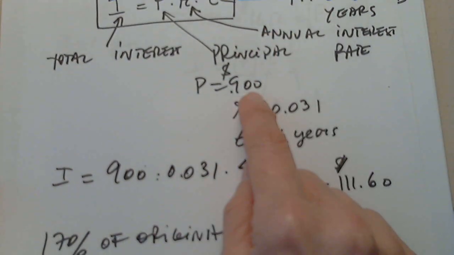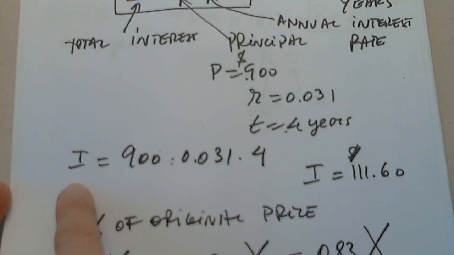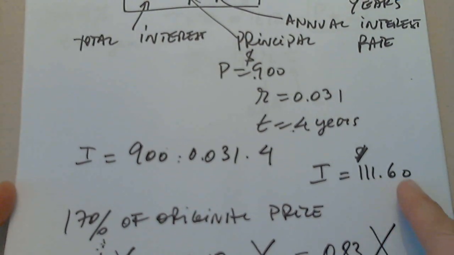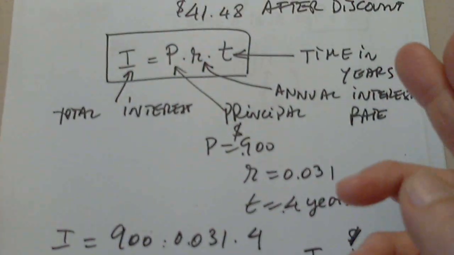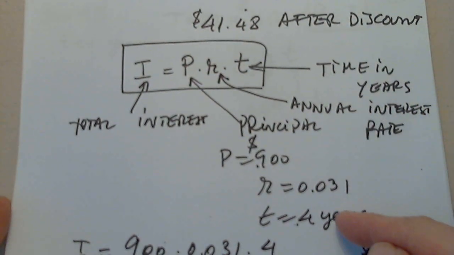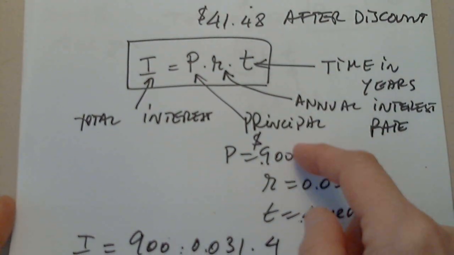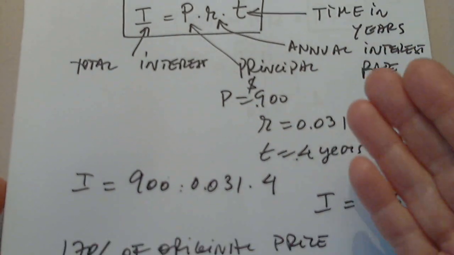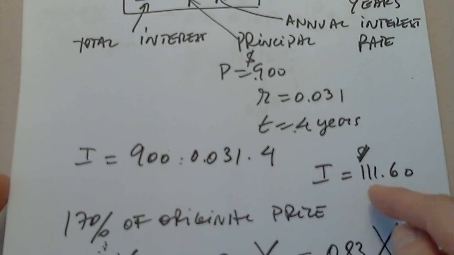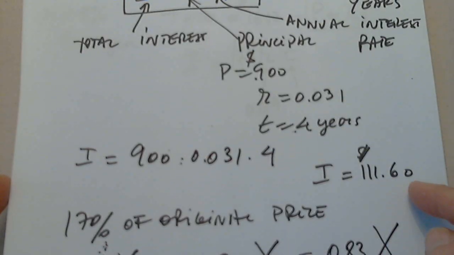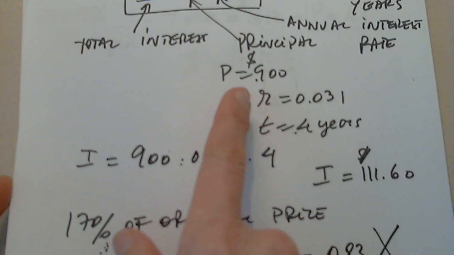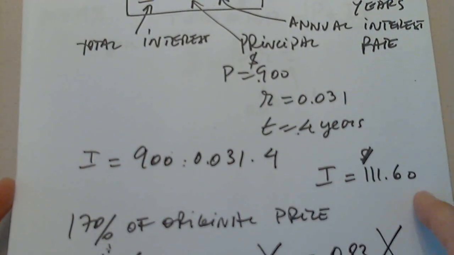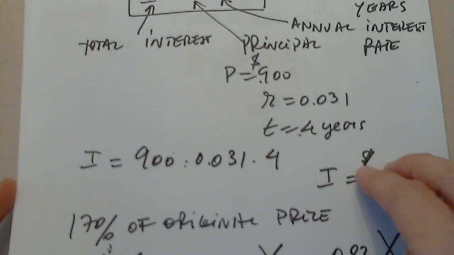So on 900, the total interest is 111.60. After 4 years at this interest rate, the $900 grew to 900 plus 111.60. In other words, now the total is 1,011.60. This is just the interest.